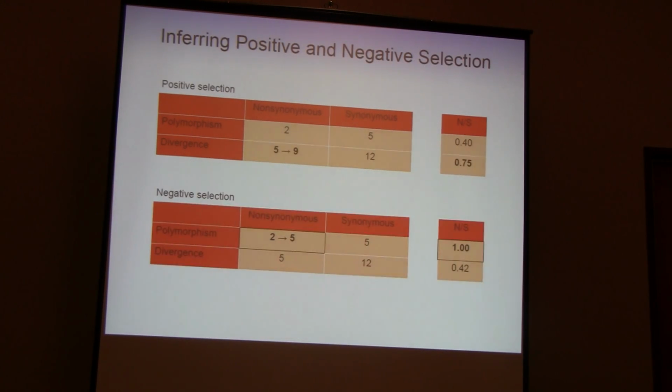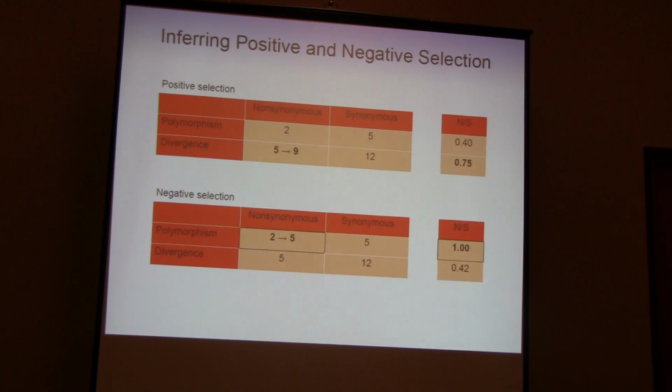There are two deviations that can be detected, and for detecting these, this is just done with a chi-squared or some sort of contingency table test. One is in the case of positive selection. If some number of non-synonymous mutations are under positive selection, then they should rapidly become fixed between species, and this will increase the number of non-synonymous differences between species above what you would expect just for neutral non-synonymous changes.